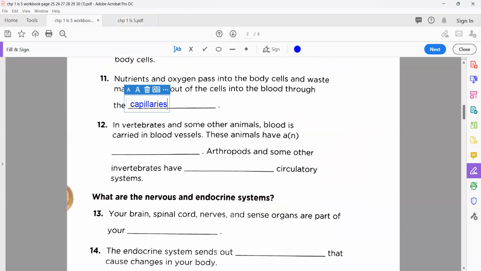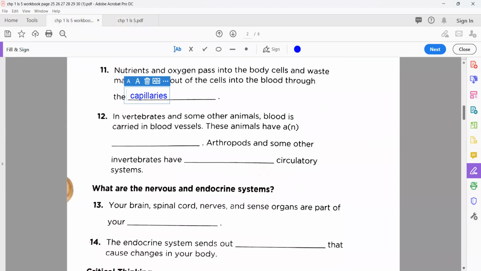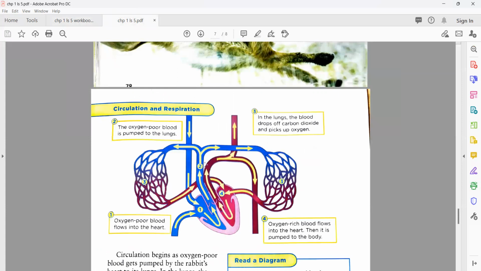Now, number 12. In statement number 12, you have two blanks, so be careful to solve this one. In vertebrates and some other animals, blood is carried in blood vessels. You can see these as tubes, the vessels in which blood moves.